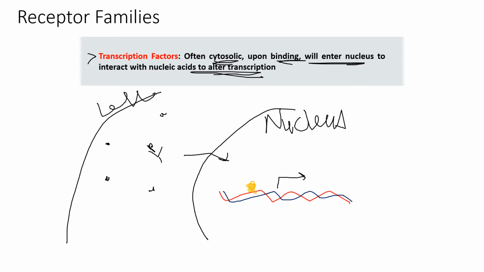And so in this way, it can affect and facilitate more calcium transport into the cell if we're thinking about our context of getting more calcium into a cell for muscle contraction.